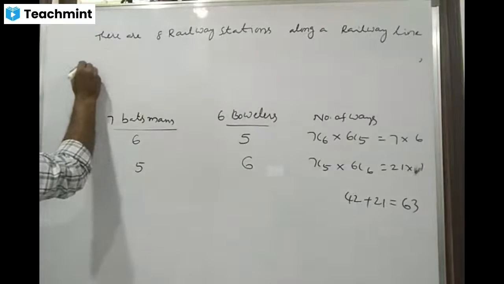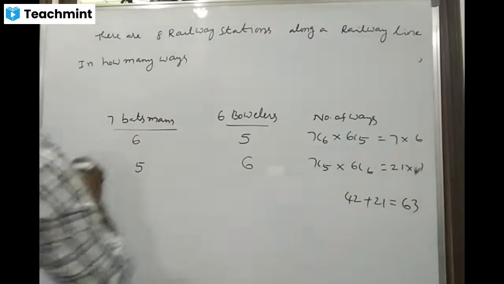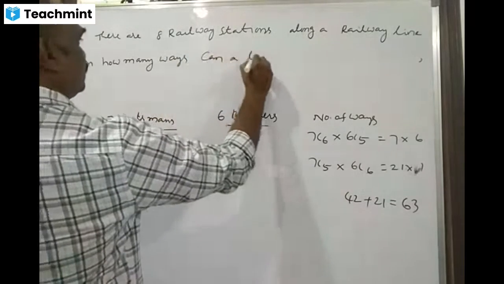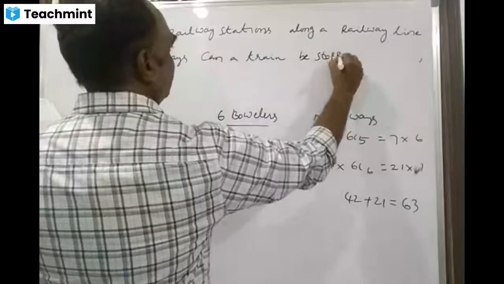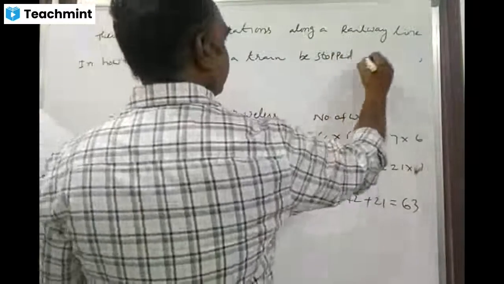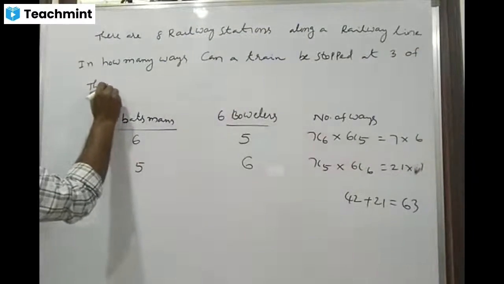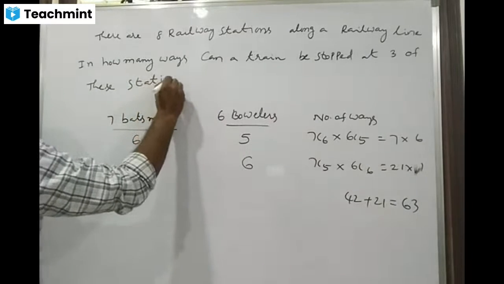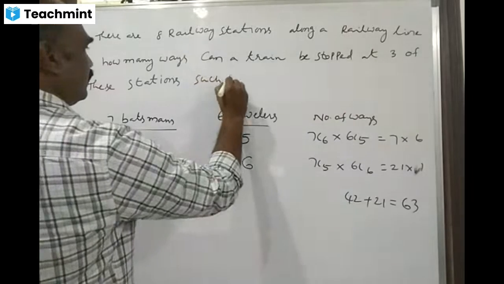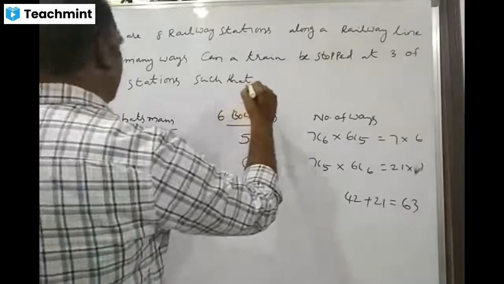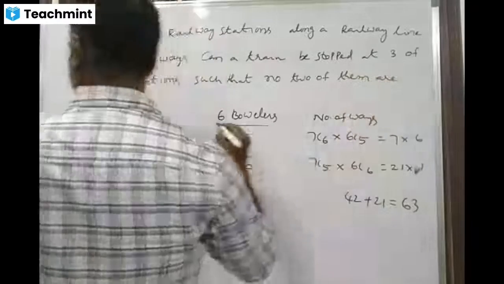In how many ways can a train be stopped at three of these stations such that no two of them are consecutive?